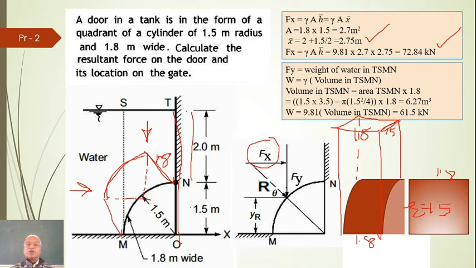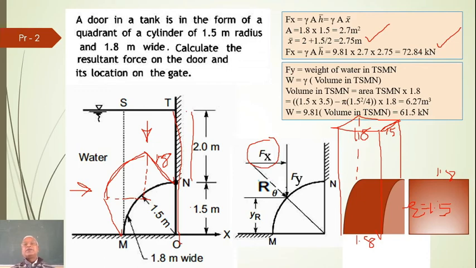So that is 1.5 into 3.5, this whole area, minus this circle, pi r squared by 4. Multiplied by 1.8 it gives the volume 6.27 meter cube. Now weight W will be equal to 9.81 multiplied by 6.27, which will be 61.5. So that is Fy.